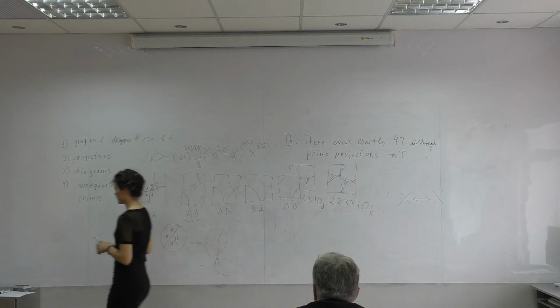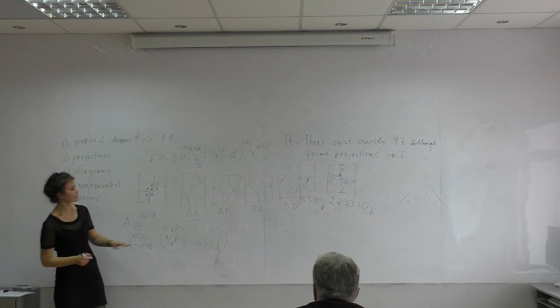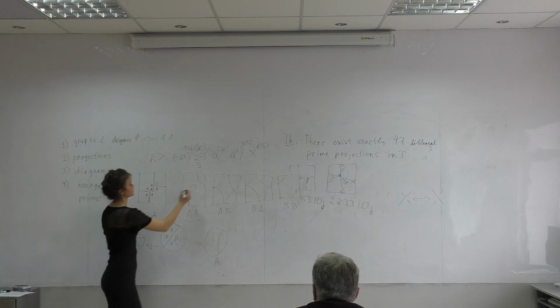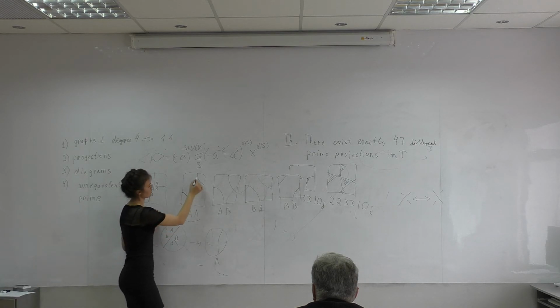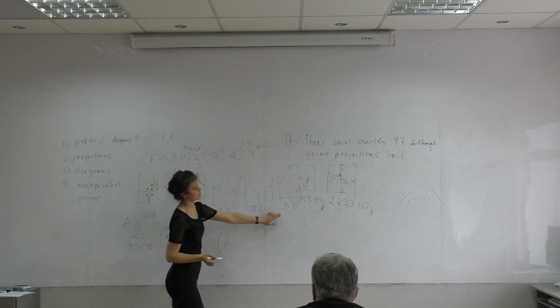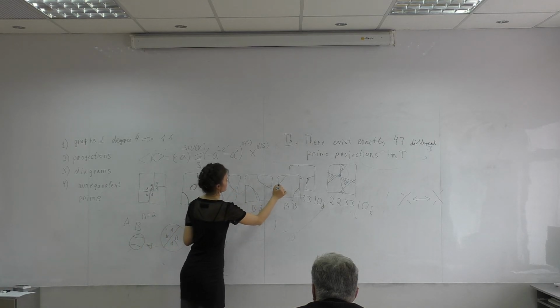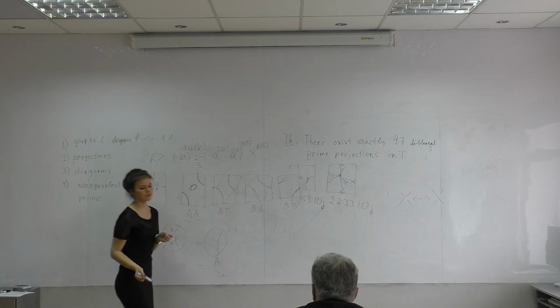So you can see that in this situation we have one trivial circle in the torus and one non-trivial circle in the torus. And in this situation we have only one non-trivial circle in each one.